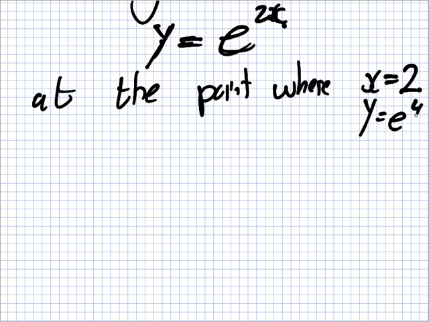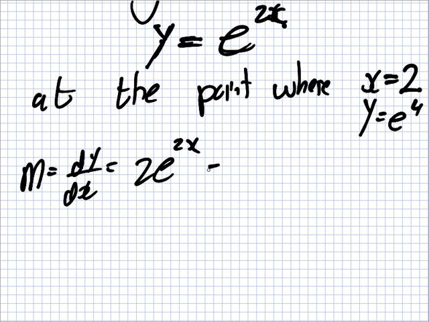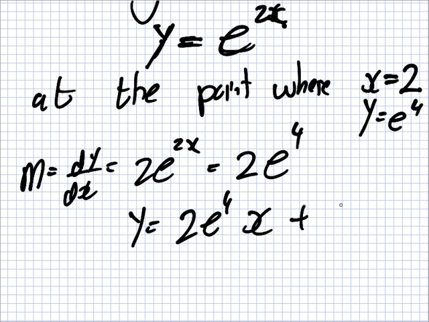Okay, so we continue now. We'll need to get the m. So what is the derivative here? 2e2x, and the x is 2, so it's 2e4. You can put it as a decimal if you want, but I'll leave it like this. Y equals mx plus c, and I'll need to sub this in.